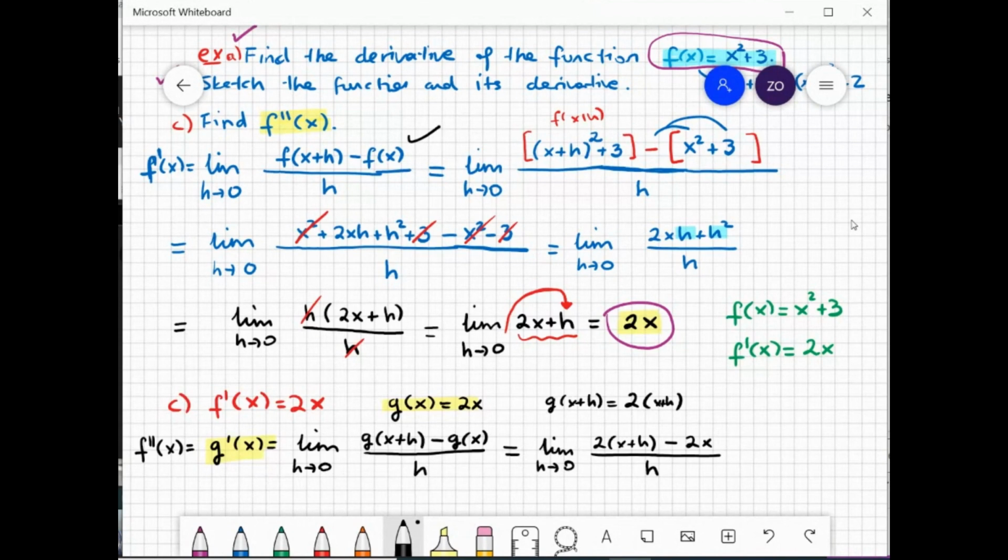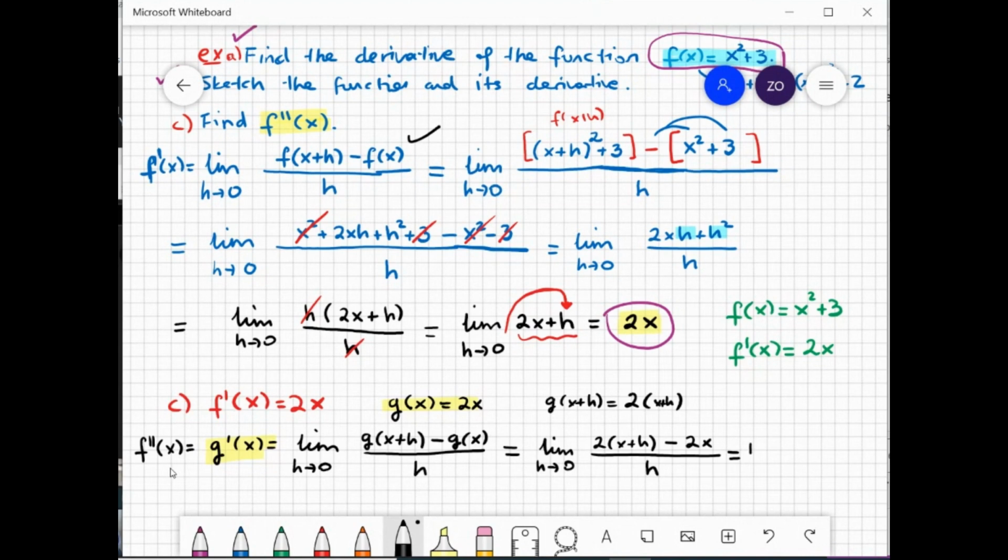Any questions so far? Now we are just finding the derivative again of the function we had found for the derivative of f. 2x is the derivative of f, and we are finding the derivative again. That's going to be the second derivative of f.